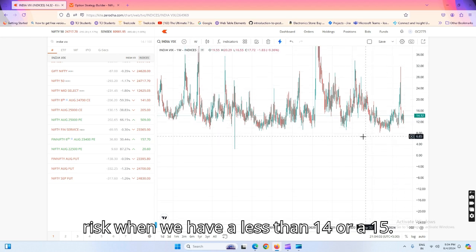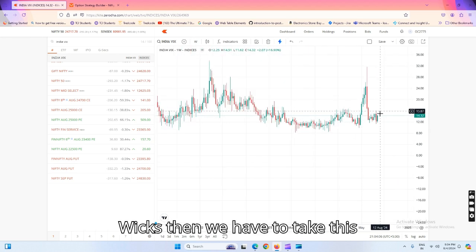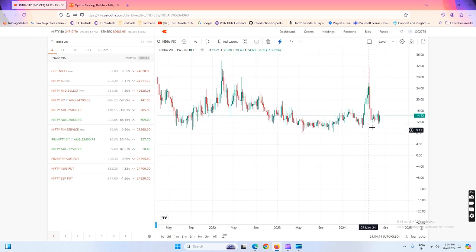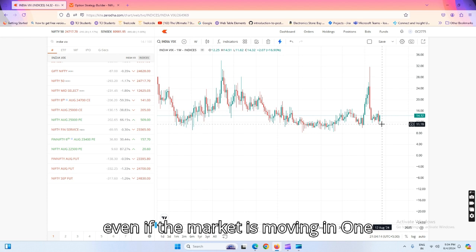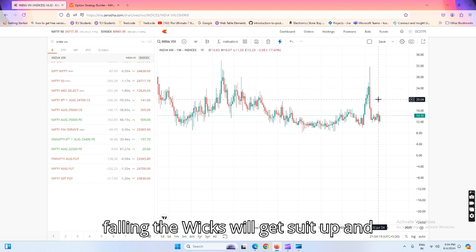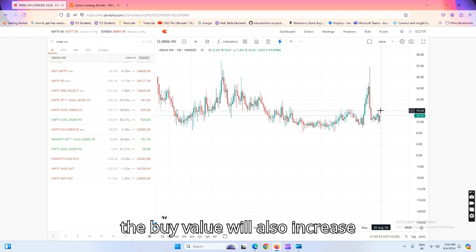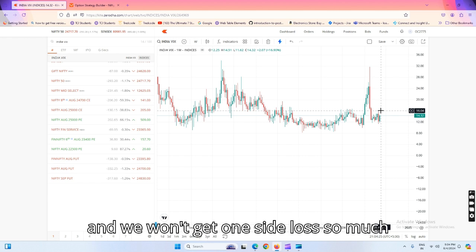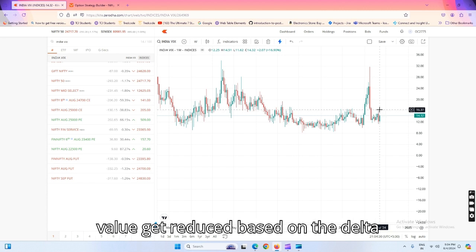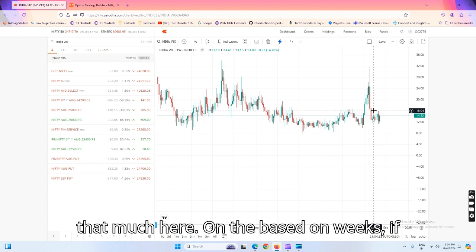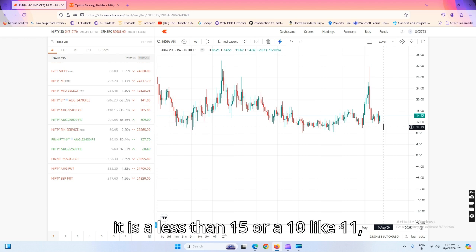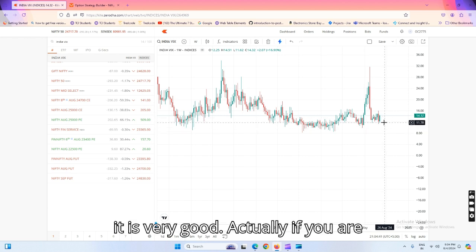When the VIX is less than 14 or 15, then we should take this trade, because even if the market is moving in one direction, suppose the market is falling, the VIX will shoot up and the buy value will also increase, and we won't get so much one-side loss. Even if the delta value reduces on one side, it will move based on the delta value, and it won't impact that much based on VIX. If it is less than 15, that's fine. If it is less than 15, like 10 or 11, it is very good actually.